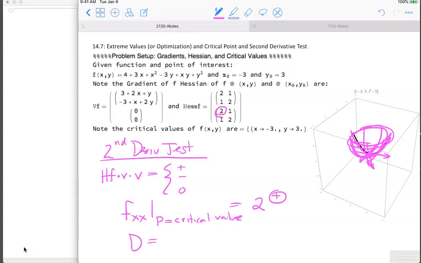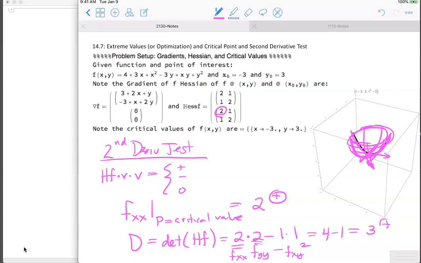D is the determinant of the Hessian, and that will be 2 times 2 minus 1 times 1, which is fxx fyy minus fxy squared. That gives you 4 minus 1, which is equal to 3, which is also a positive number.